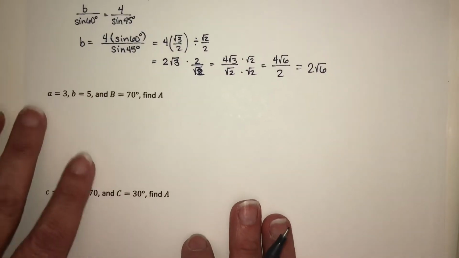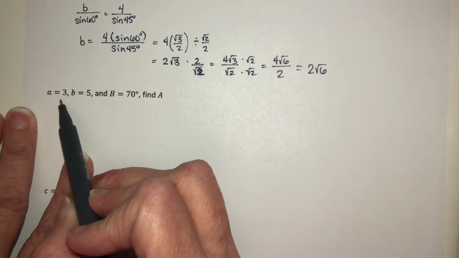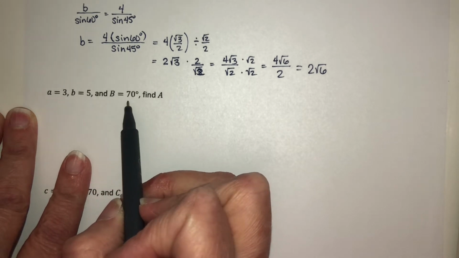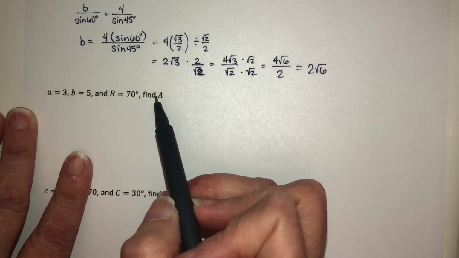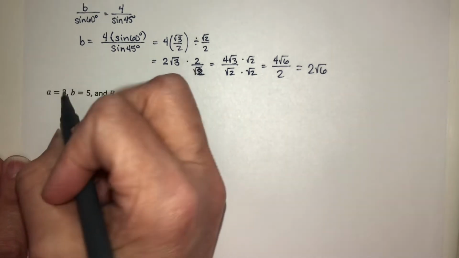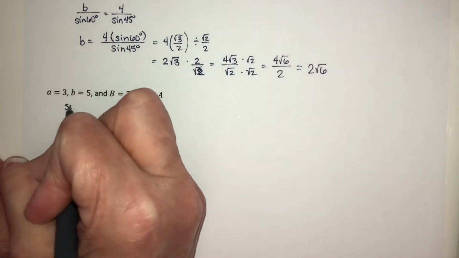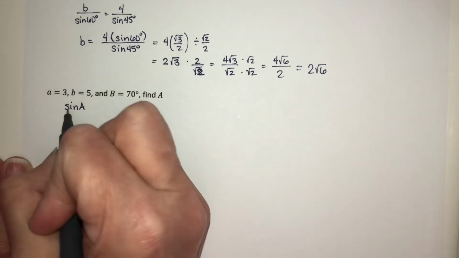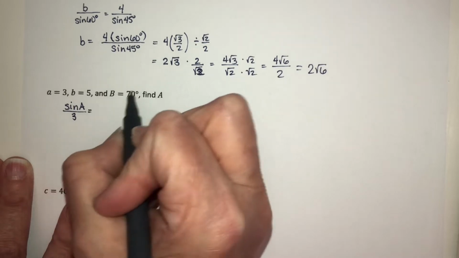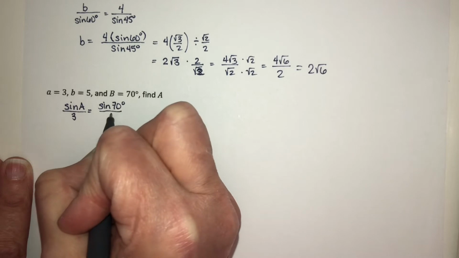Okay. Now here, we're given the side A, which is 3, side B, which is 5, and angle B, which is 70 degrees, and we're asked to find angle A. So since I'm looking for an angle, I'm going to use the reciprocal version where we have sine of A over our length, 3, equal to sine of 70 degrees divided by 5.